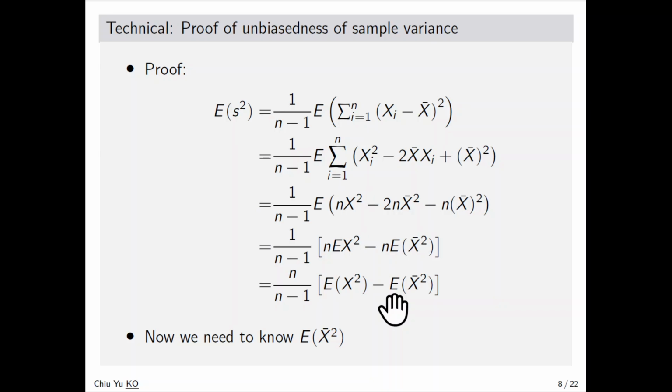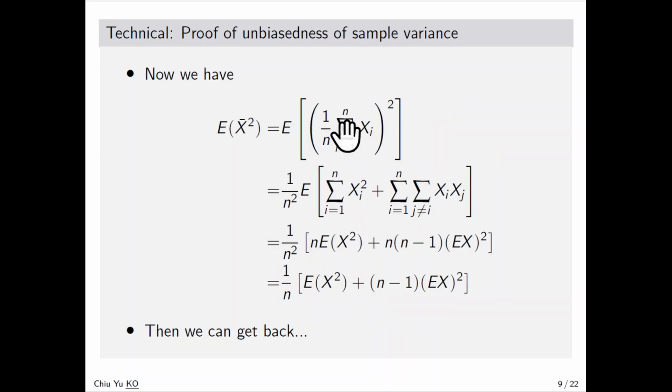So the expectation of x bar squared: write down the expression, x bar is the sum of the xi over n. Then you just expand it. 1 over n can be taken out, and it is x1 up to xn times x1 up to xn. Each term times itself gives x1 square, x2 square, x3 square added together, and there are also a bunch of terms with i not equal to j: x1 times x2, x2 times x1, x2 times x3.